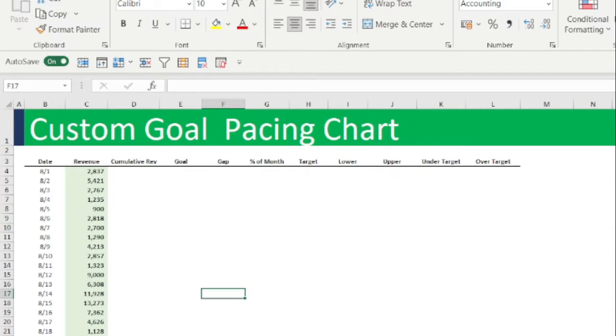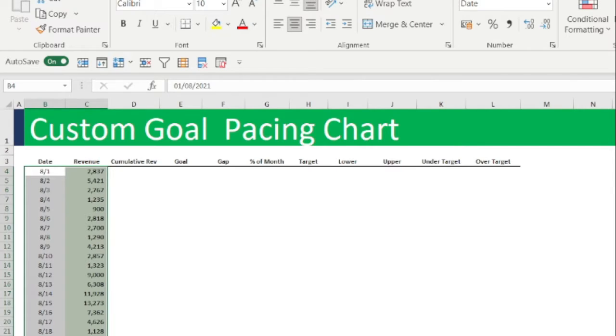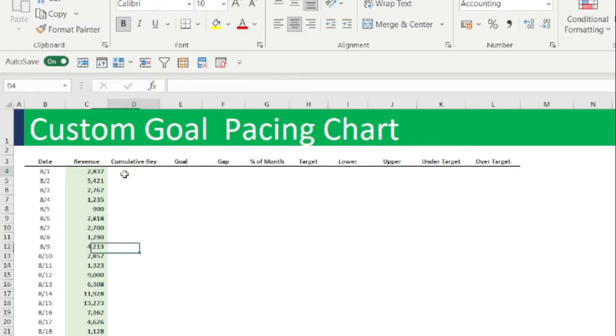So starting with our daily capture data, this is August, when this video is recorded, and today is the 22nd of August. That's why I'm dealing with data from 1st to 22nd. So let's start. How do we get the cumulative revenue?